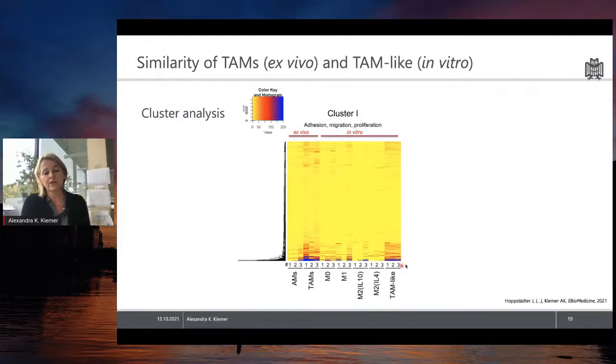And I think you can appreciate here that macrophages cultivated in the presence of a tumor cell conditioned medium are most similar to the real ex vivo macrophages, but the M2 macrophages are not so much so.